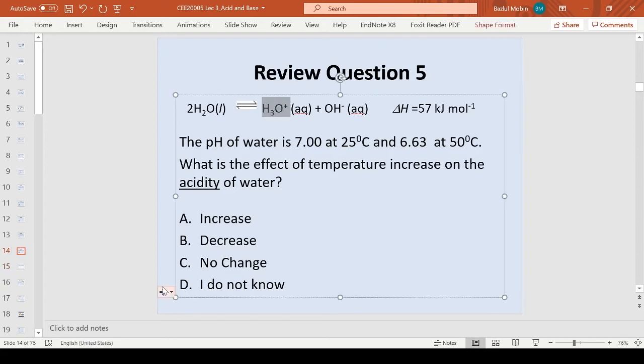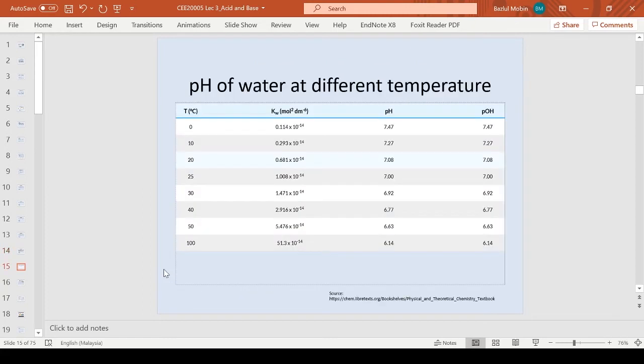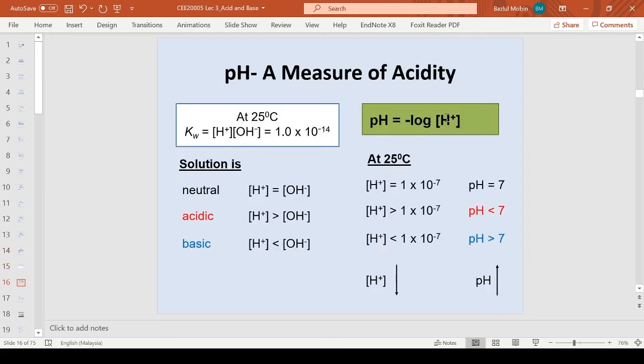This hydrogen ion is just a simplified version of H3O+. If somebody writes H3O+, that is also correct, and it is the same thing. So when a solution is neutral, we see that hydrogen ion and hydroxyl ion are equal. When acidic, hydrogen ion is more than hydroxyl ion, and the opposite for a basic one.